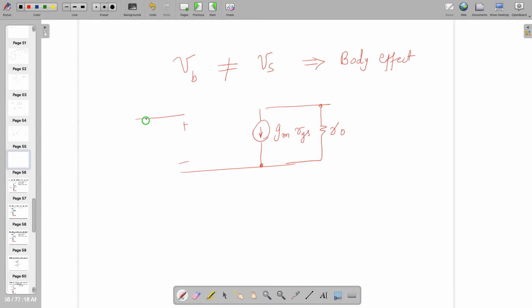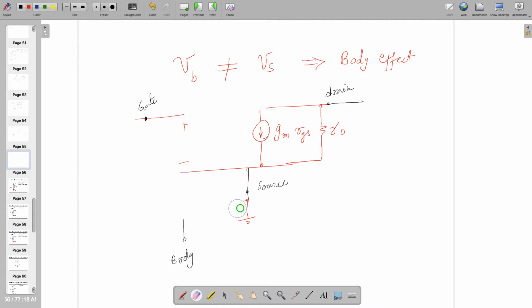So this is gate, drain, source, and there is the fourth terminal, body. Till now we used to connect body to source and make it ground.